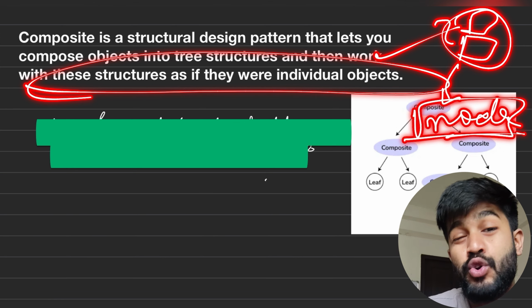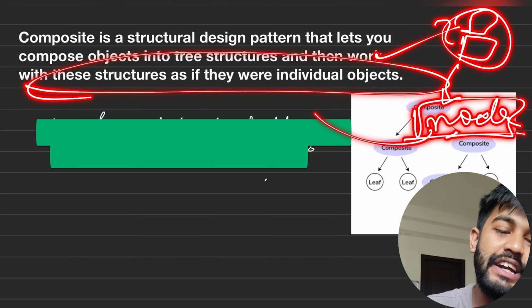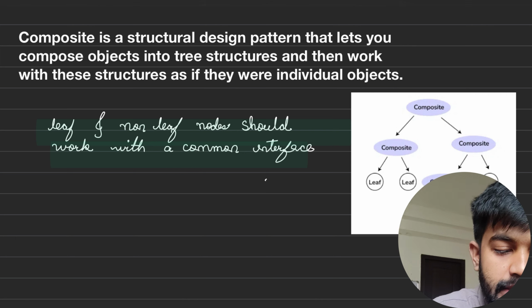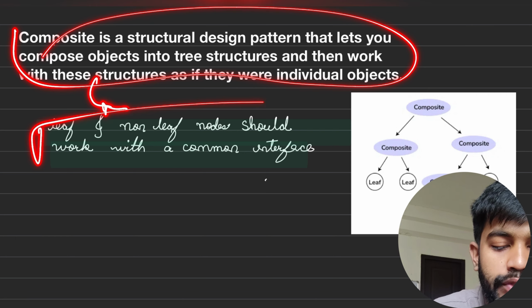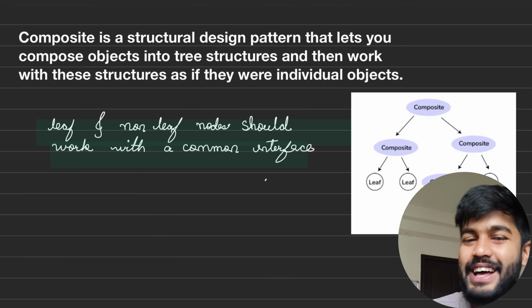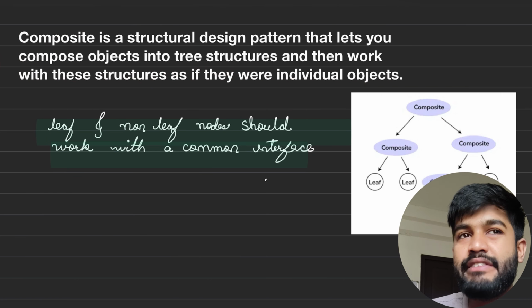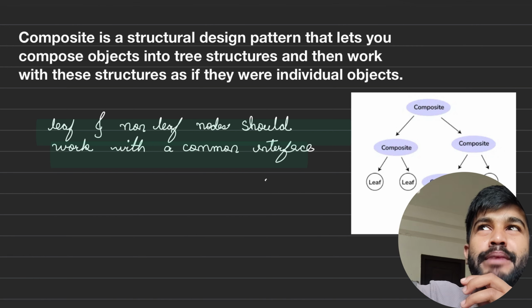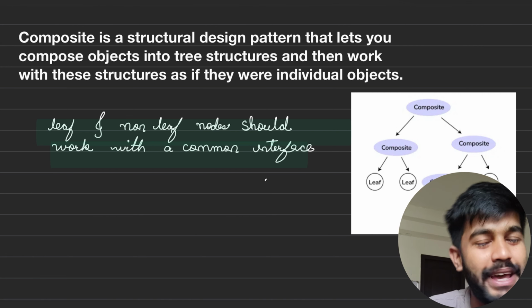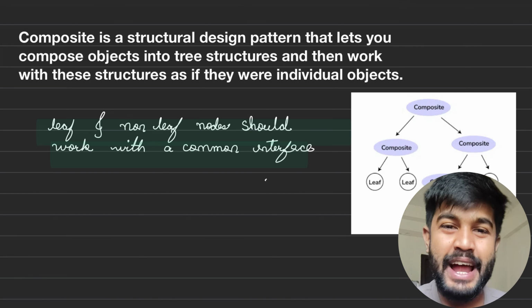We just talked about nodes, individual objects here. This just tells us that leaf and non-leaf nodes should work with a common interface. That's it. There is nothing like leaf and non-leaf. So we have only one, and ask them to implement an interface, and that interface would be used by the file manager. Let us see that in practice.